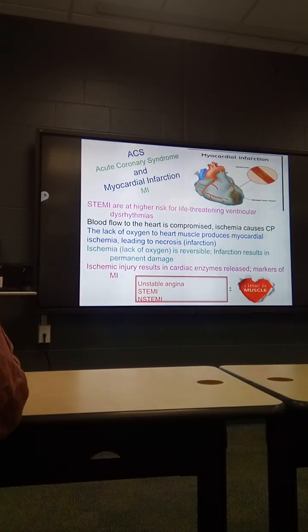That means that their whole heart wall is damaged, and they'll usually have life-threatening rhythms, so your VFib or VTach. Blood flow to the heart is compromised, the oxygen is compromised. All those words just mean lack of oxygen to the heart.